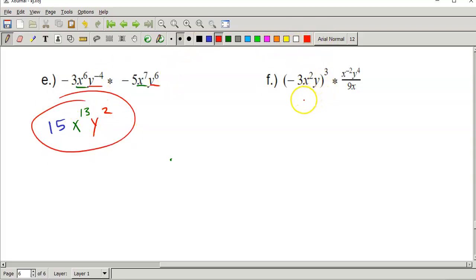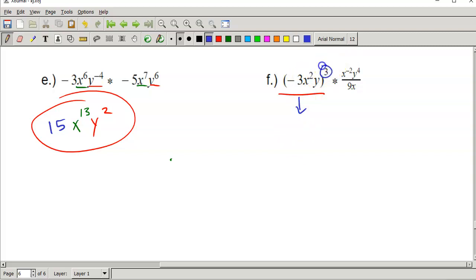Look at part F. So we basically have this expression times this expression. So let's do one at a time. The first thing I want to do is focus on this first problem, negative 3x squared y cubed, and let's go ahead and simplify that.